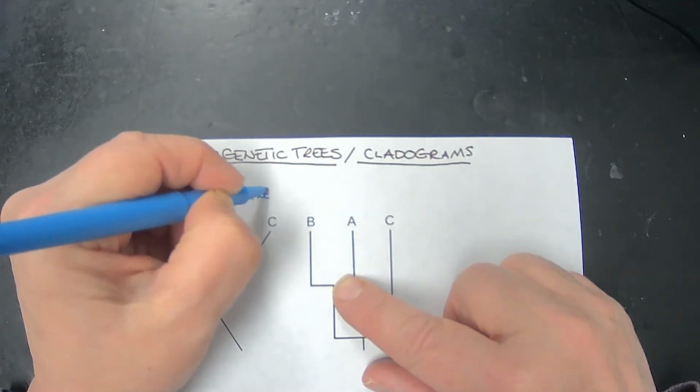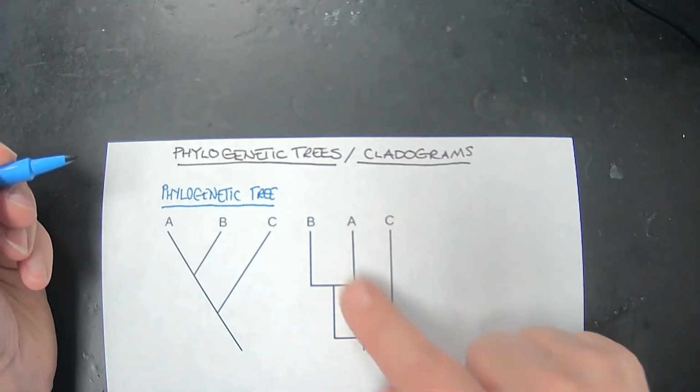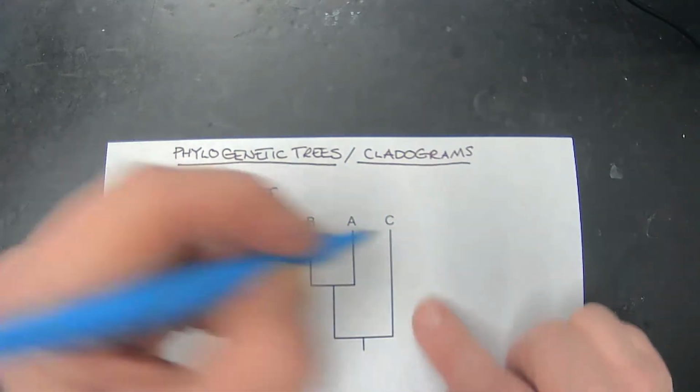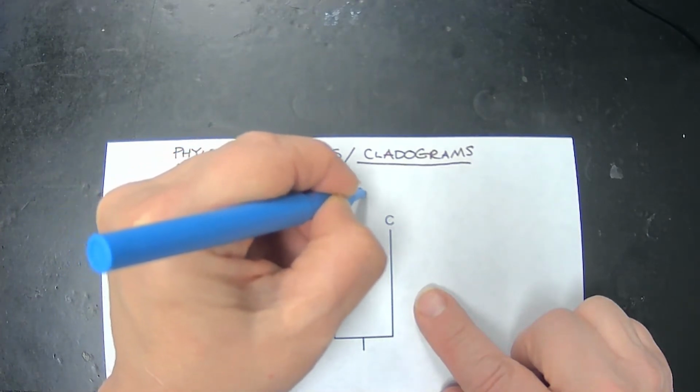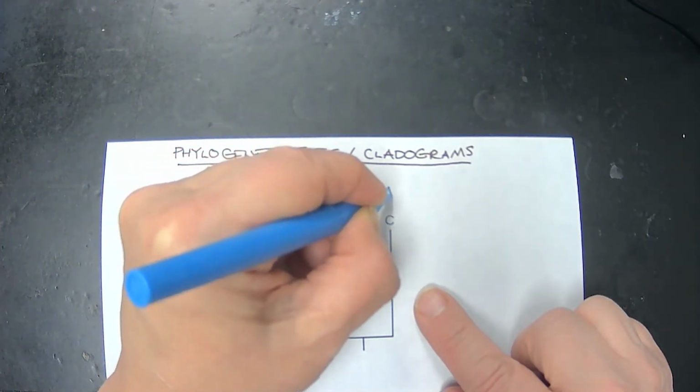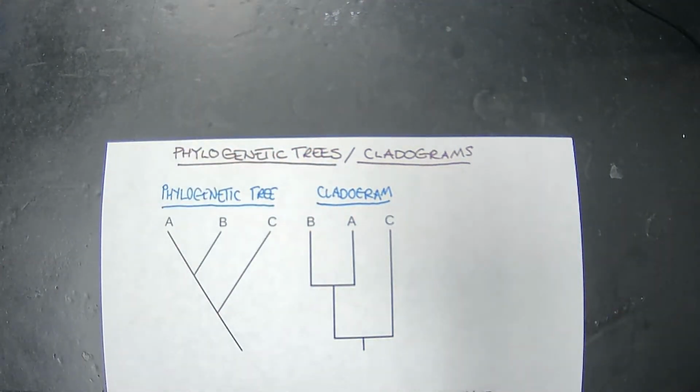And the one that has more squared off lines, this is a cladogram, and they're both very similar. They're just different ways of showing relationships.